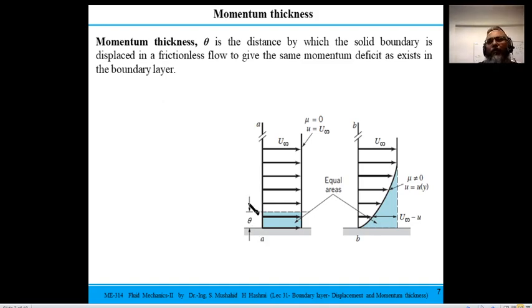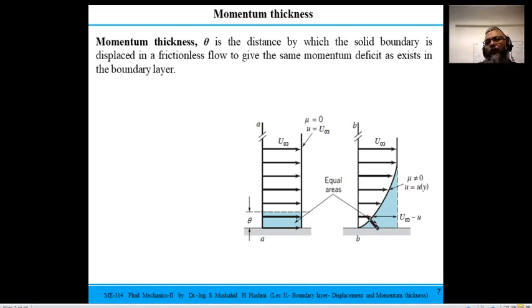In a similar manner, for the vertical distance from the wall, if you balance the momentum, then such a thickness is called momentum thickness. So displacement thickness comes from balancing the mass flow rate, and momentum thickness comes from the balance of the momentum.